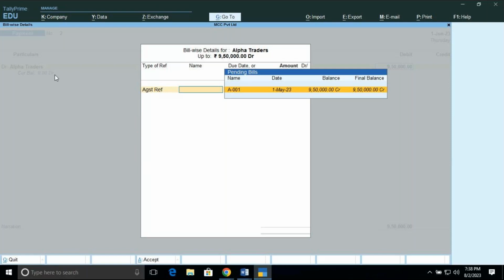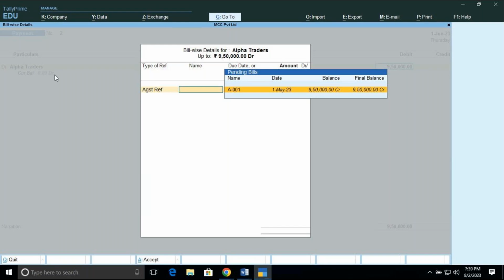It will show all of these: A0001 how much, A002 how much, A003 how much. From a supplier, you can have many pending bills.